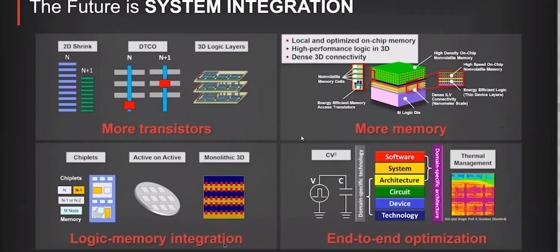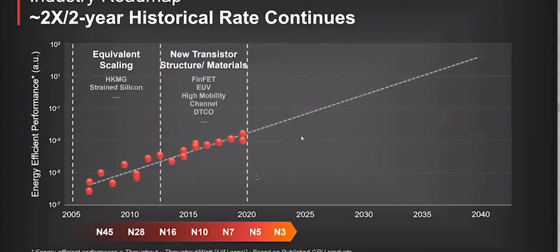More logic memory integration: we have chiplets, active on monolithic devices, and end-to-end optimization. For simulation or modeling, we need more software to go end-to-end, from the transistor to the full thermal management.